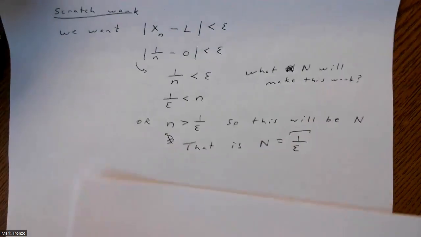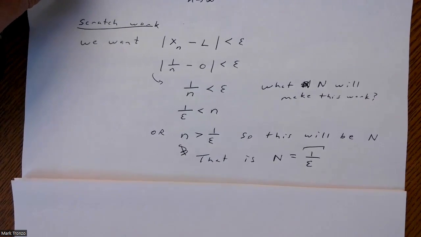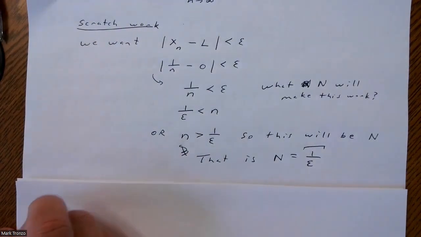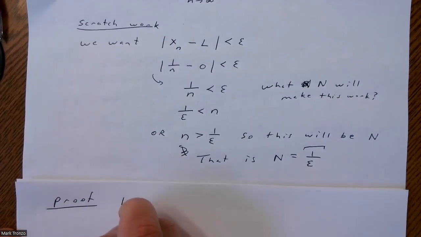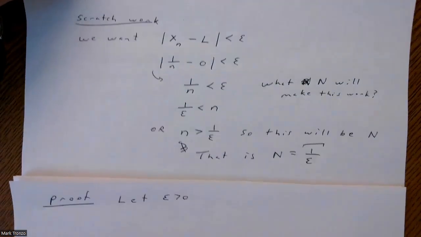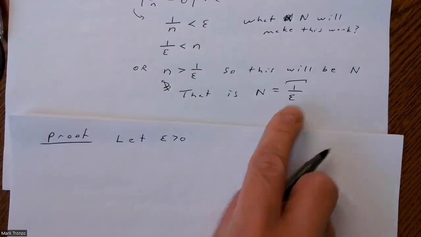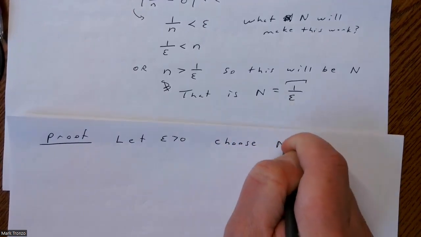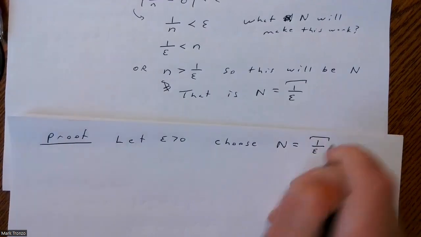So then let's go ahead and write our proof. So this was the scratch work to see what we wanted to get to, and then we can write our formal proof. And so proof: let epsilon be greater than 0. And then now we're going to choose, see what we had up here, we decided we're going to choose our N to be 1 over epsilon, like that.